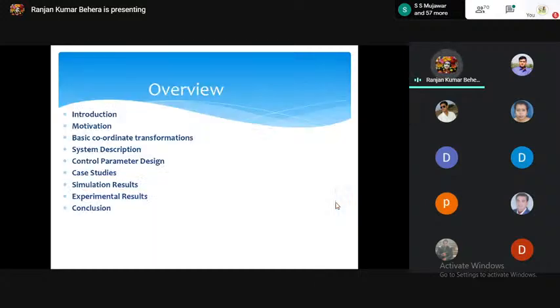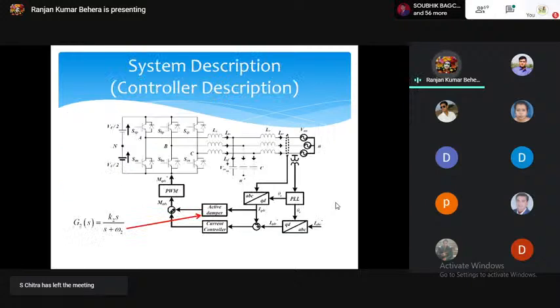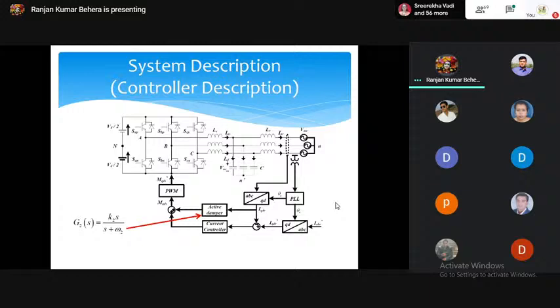This is the proper description of the system. If you see here, this is a controller. You have a voltage source inverter connected to an LCL filter, with L and C and L filter connected to the grid.